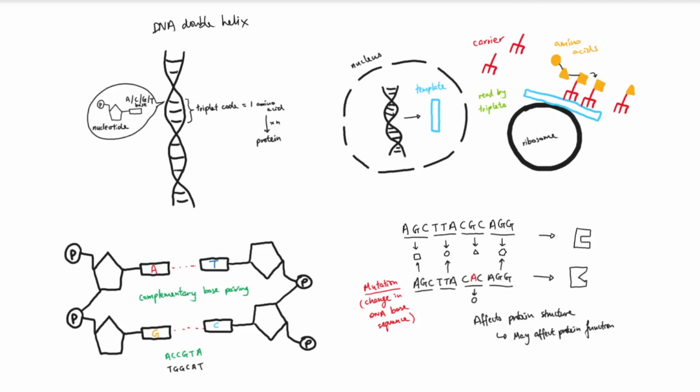And we know within the DNA double helix, there is complementary base pairing where A pairs with T, G pairs with C. And any change in the DNA base sequence is called a mutation, which can affect the protein structure, which affects the protein function depending on where the mutation occurs.